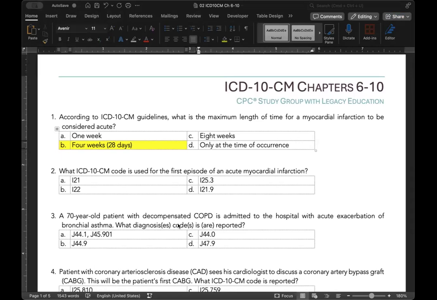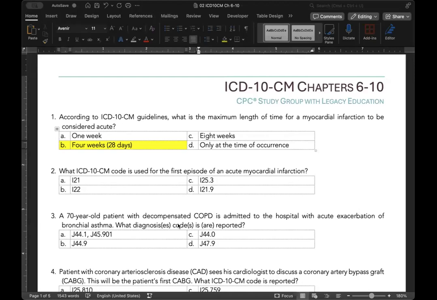Yep. So let's go to infarction. Infarction is the entry, and then we'll go down to myocardium. And then the acute is in our parentheses.